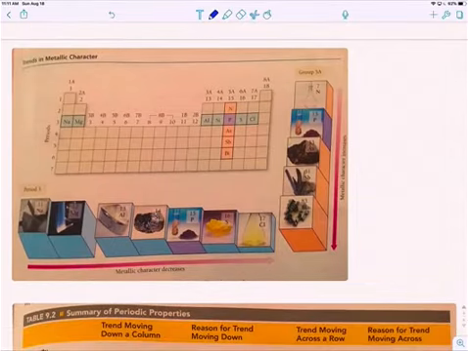Metallic character, this is another one I think is stupid. But I can see kind of the argument. The general trend is that as you move across a period, the metallic character goes down, because chlorine is definitely a nonmetal, sodium is definitely a metal, aluminum is definitely a metal, and sulfur is definitely a nonmetal.